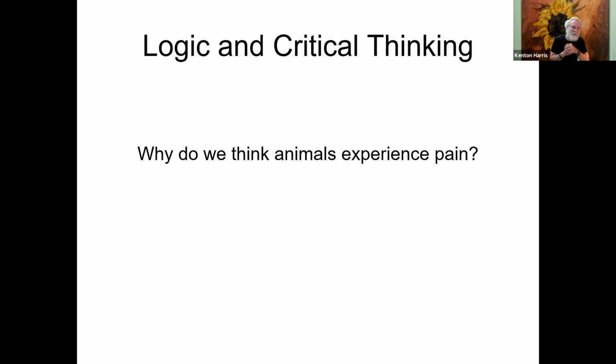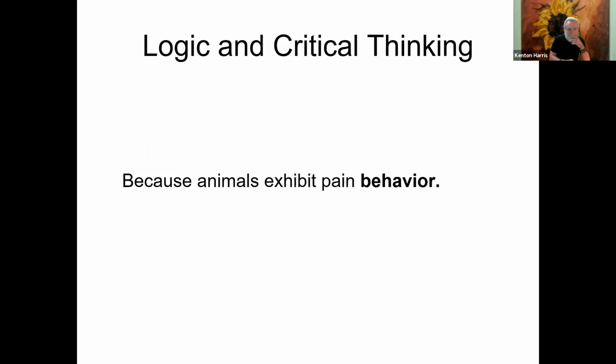But usually what students first point to is the kinds of behaviors that animals engage in when they're experiencing pain, right? They whimper, they moan, they avoid painful situations, they cry, etc. So they exhibit what we might call pain behavior. And you say, well, yes, they must experience pain because they in fact exhibit pain behavior.